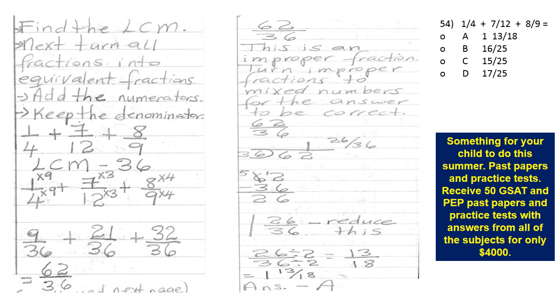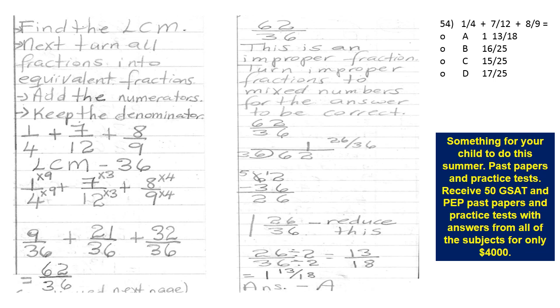Yes, times 4. 8 times 4 is 32. So 9 times 4 is 36 and 8 times 4 is 32. So therefore 8 over 9 becomes 32 over 36.